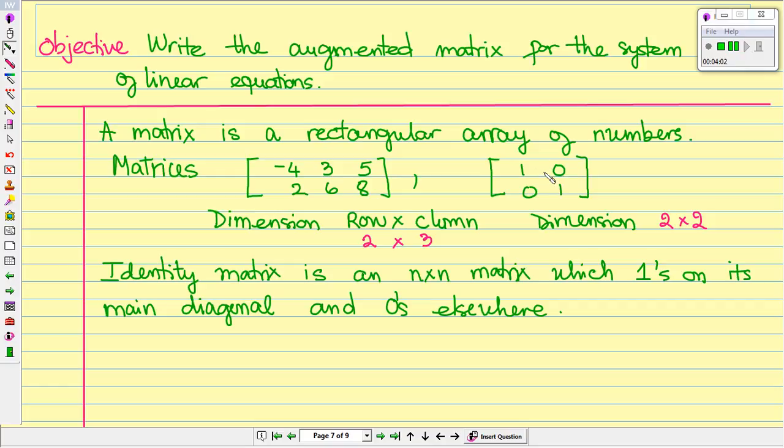You can look at this matrix right here. This is the identity matrix. What do we mean when we say n by n? This means the row and the column counts will be identical.